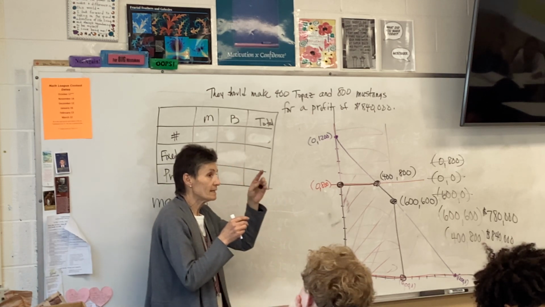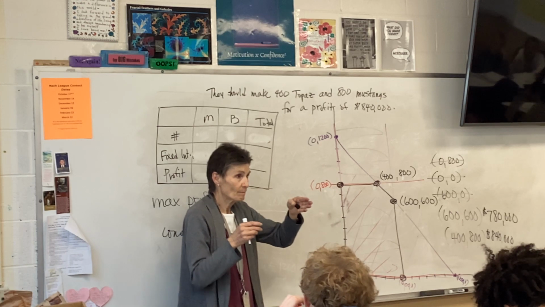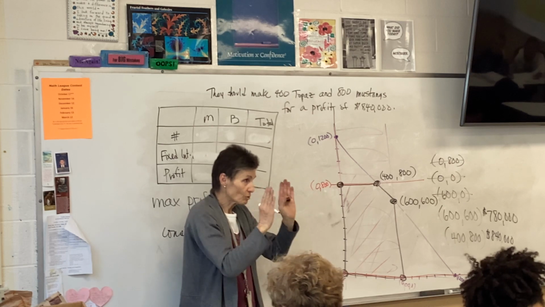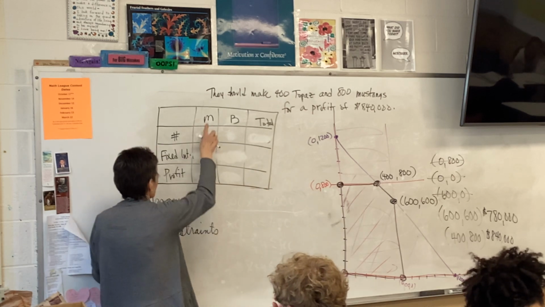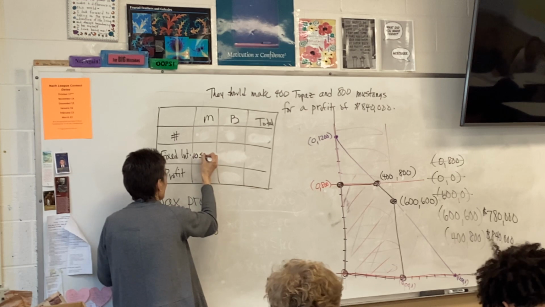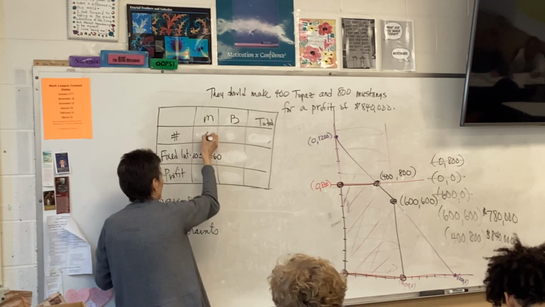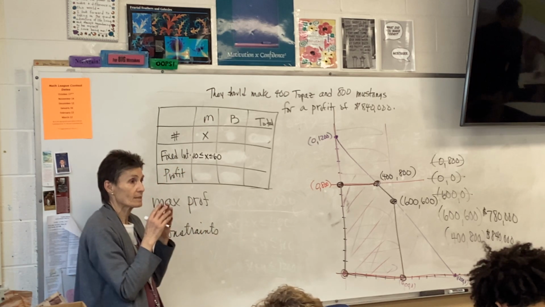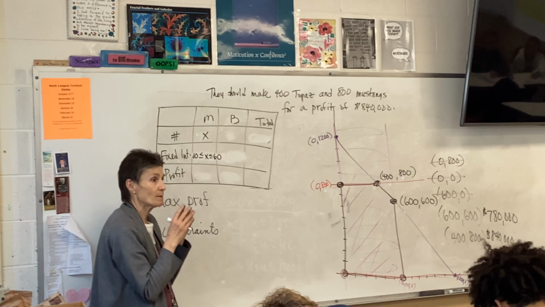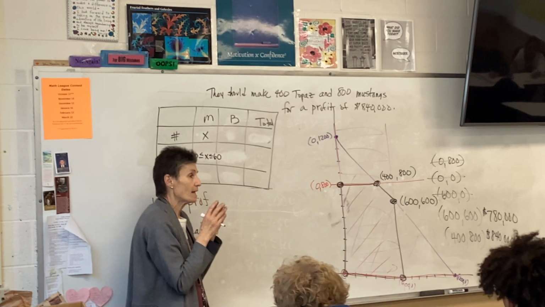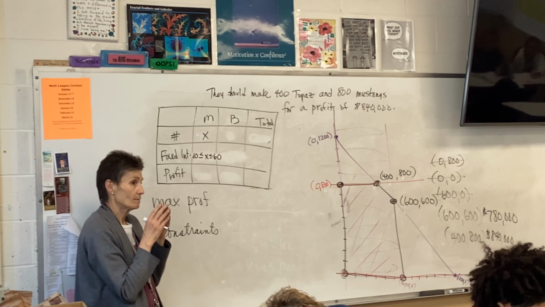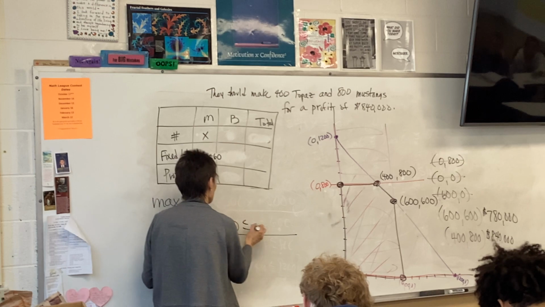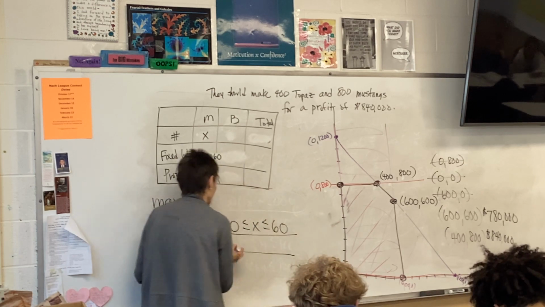I have to make at least 10, but no more than 60. See the interval there? So for motorcycles, my interval is 10 to 60, and I'm going to let motorcycles be X. The number of motorcycles is X, and it has to be in between 10 and 60. That will automatically be a constraint, so I'll go ahead and add it in here.